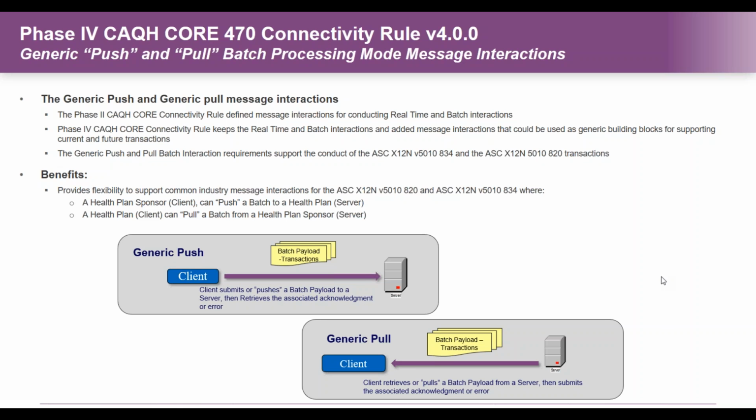Now shown at the bottom is the generic pull interaction where the roles are somewhat reversed. Here the health plan plays the role of a client, and it sends a retrieval request to the health plan sponsor for the 820 or 834 batch, and the health plan sponsor responds with the batch, and then the health plan processes the batch and sends back a 999 or error based on the processing of the batch.